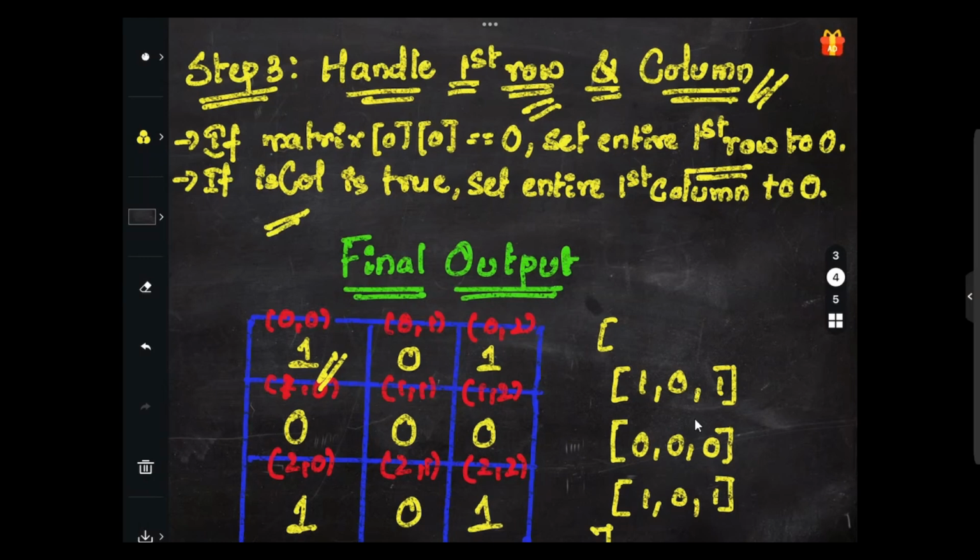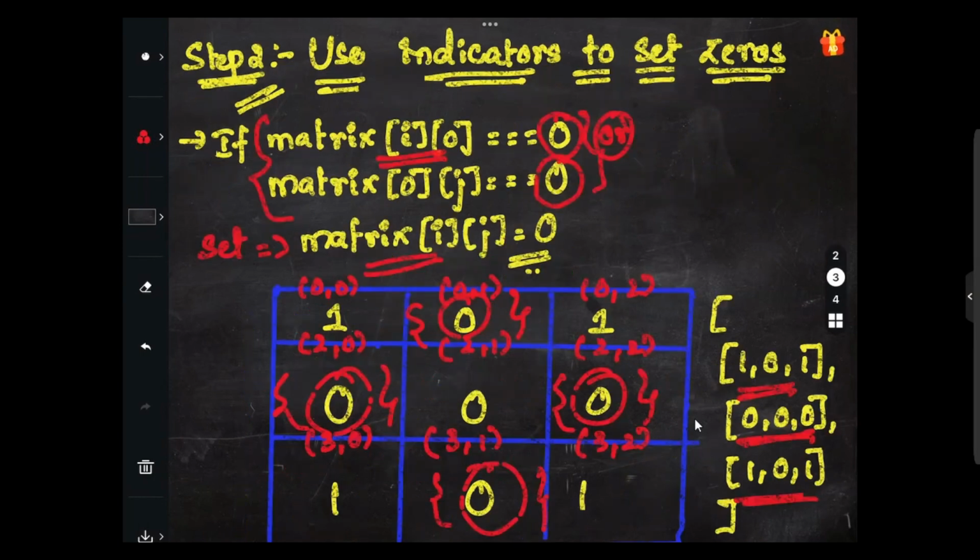But here in this case we have 1, right? So it will be as it is, 1 and 1, will not change anything here in this case, right?